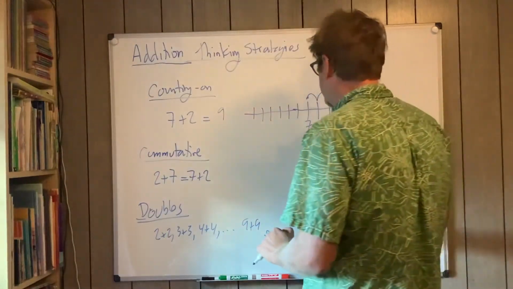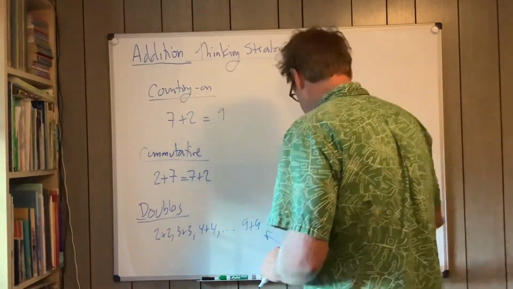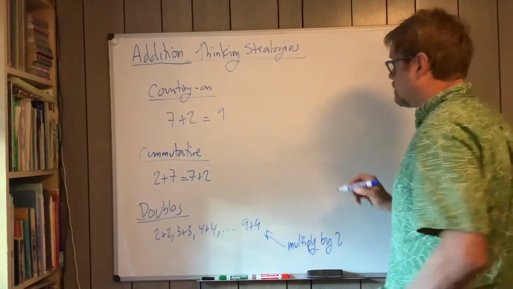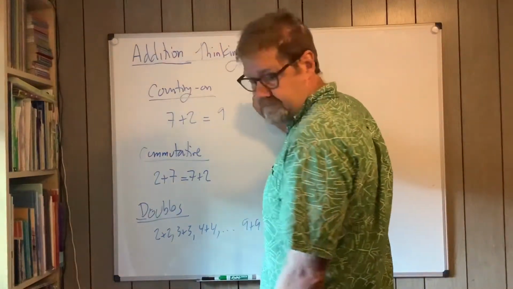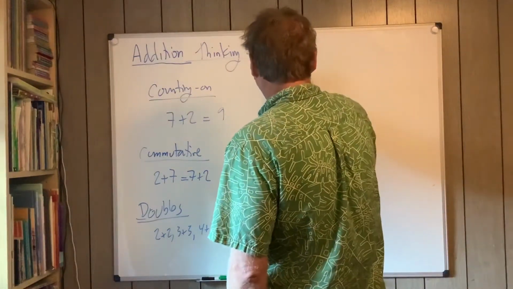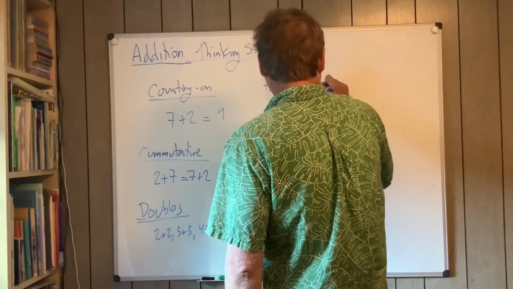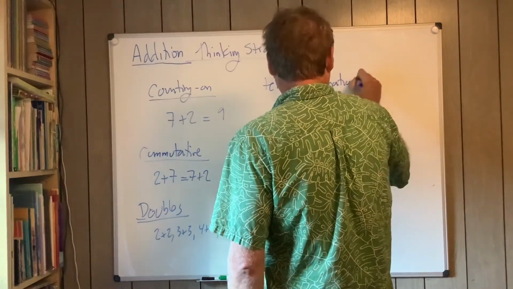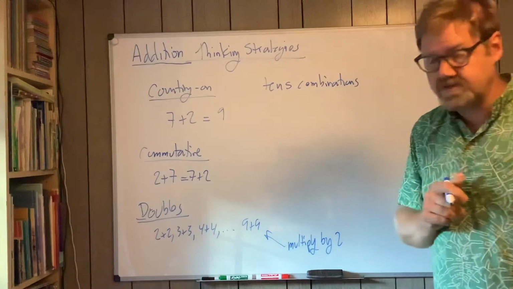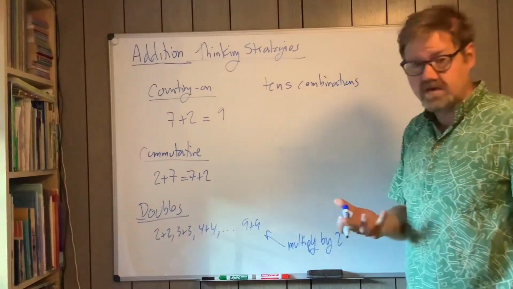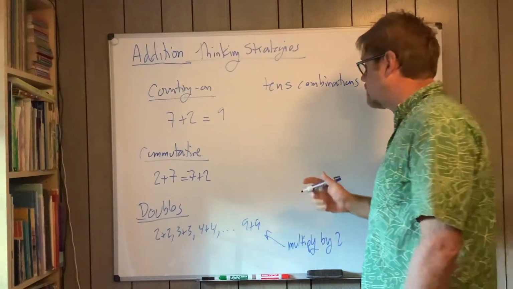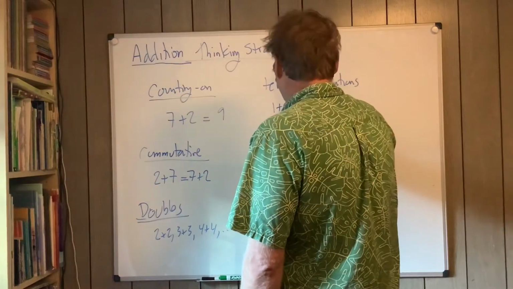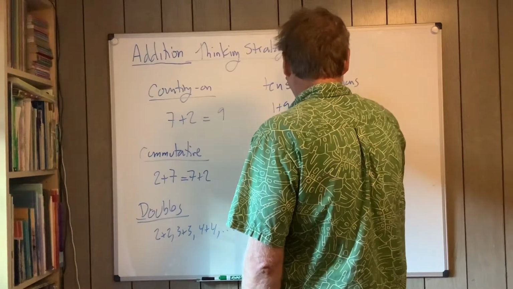And then this is huge, and I've been seeing this with my kids as well. Tens combinations: basically all of the ways to make 10. So 1 plus 9, 2 plus 8.